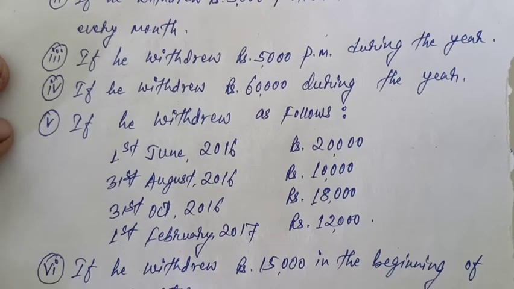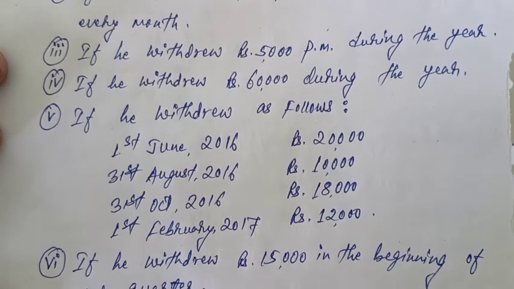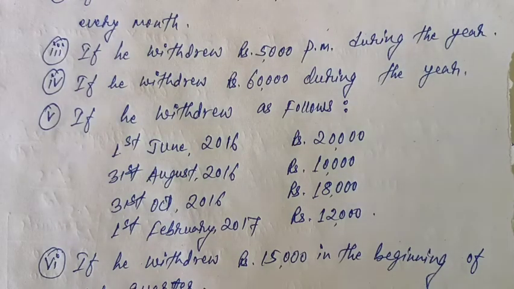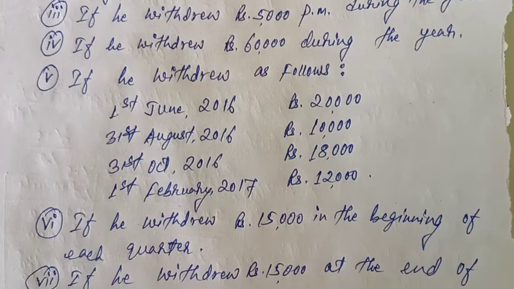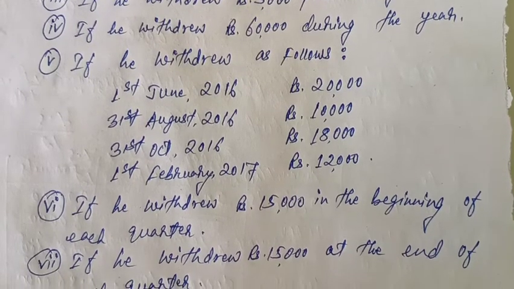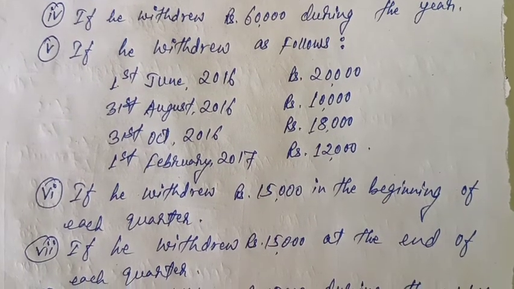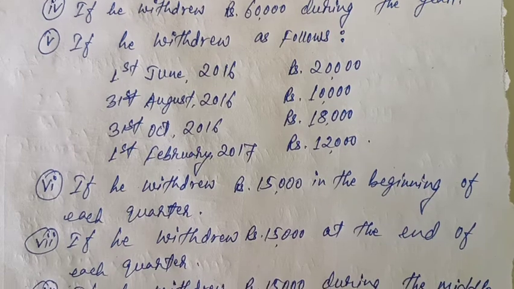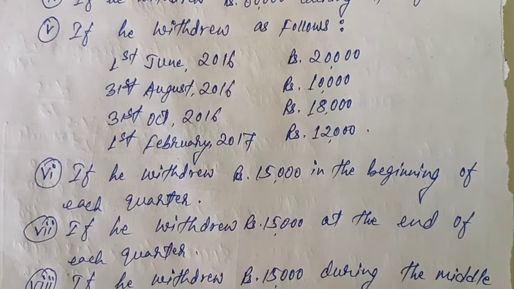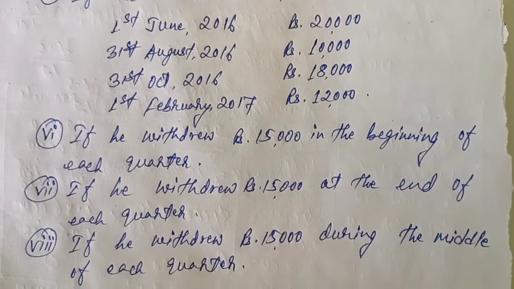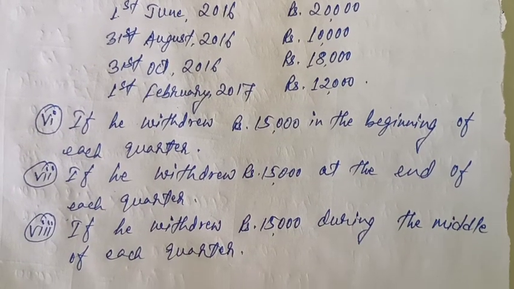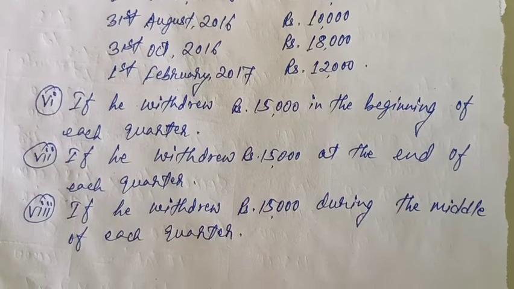Point number 5, you can see if you withdraw as follows, on 1st June, different dates, then how will we solve this question? One by one I will explain. Here mixed different dates are given, beginning of every month and the beginning of every quarter. This is the question, just follow and we'll continue with the solution now.